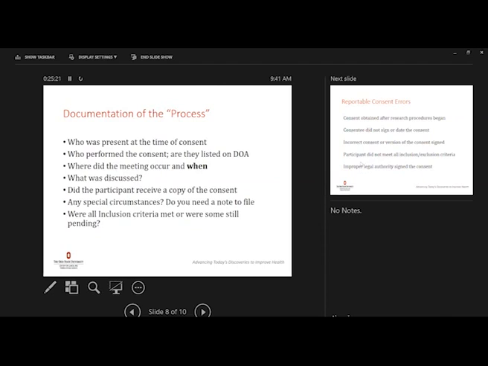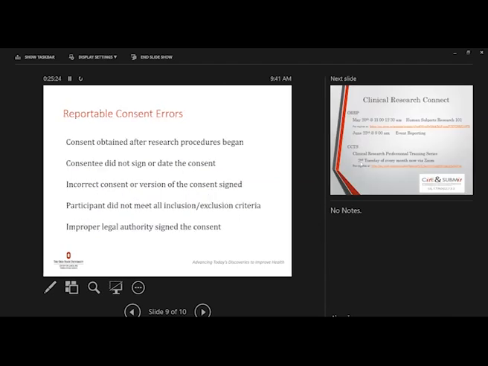So what happens if you don't? There are lots of reasons that you would have an error, but some of the more important consent errors would be if you obtained the consent after they'd already had an MRI or had lab testing. This is very important if we ran into it.